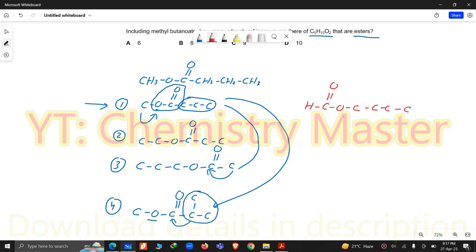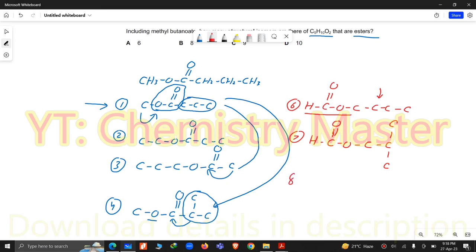I have this as another isomer. This will become the 6th isomer. Now I have to make some changes. I will not change this position because this will remain as such, but I will make changes in this chain. So the 7th isomer will be like hydrogen, carbon, carbonyl group, oxygen, and then this carbon and then carbon. This will be bonded with 2 further methyl groups. So this is the 7th isomer.